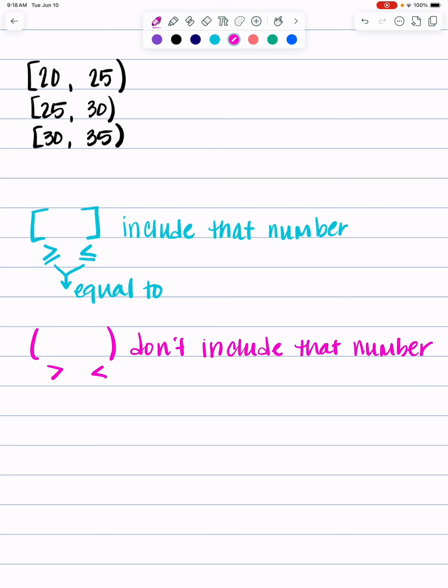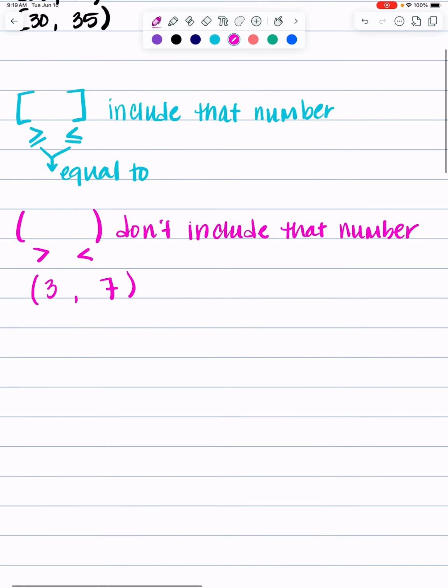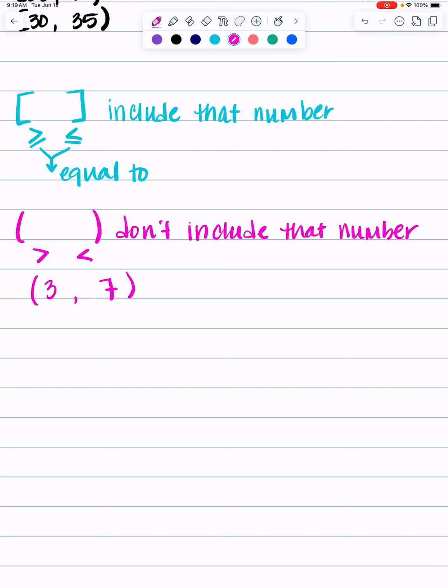Well, then the question becomes, what do you mean don't include that number? Why don't you just change the interval? So, for example, maybe your interval went from 3 to 7, but we don't want to include 3 or 7. This is where we have to think beyond the realm of whole numbers.